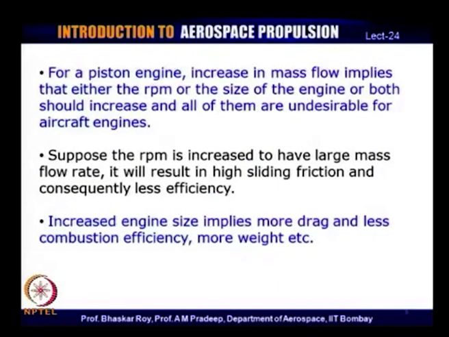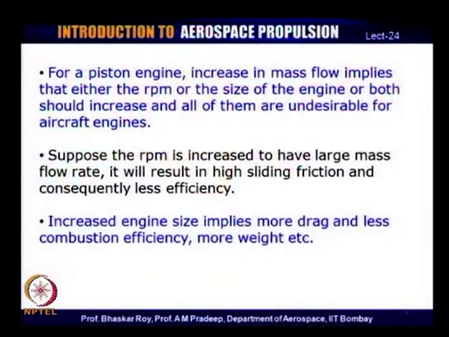So, for a piston engine, to increase the mass flow, either you have more number of cylinders or you have higher RPM, so that the mass flow per unit time is very fast. So, the cylinder is filled up and exhausted very quickly in very quick succession, as a result of which you get more power, or you do both.